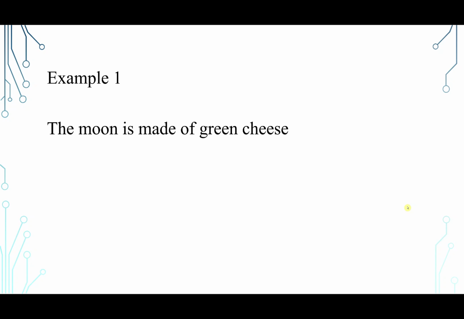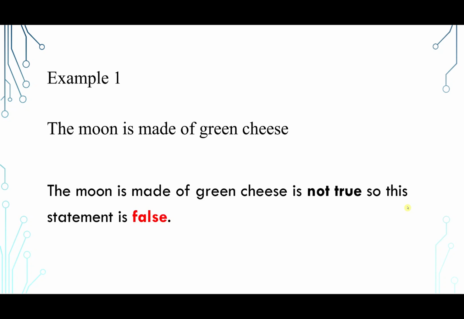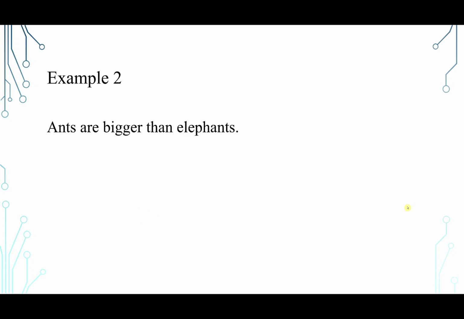The moon is made of green cheese. Your answer is? My answer is false. The moon is made of green cheese is not true, which means it's false. Ants are bigger than elephants. Your answer is?